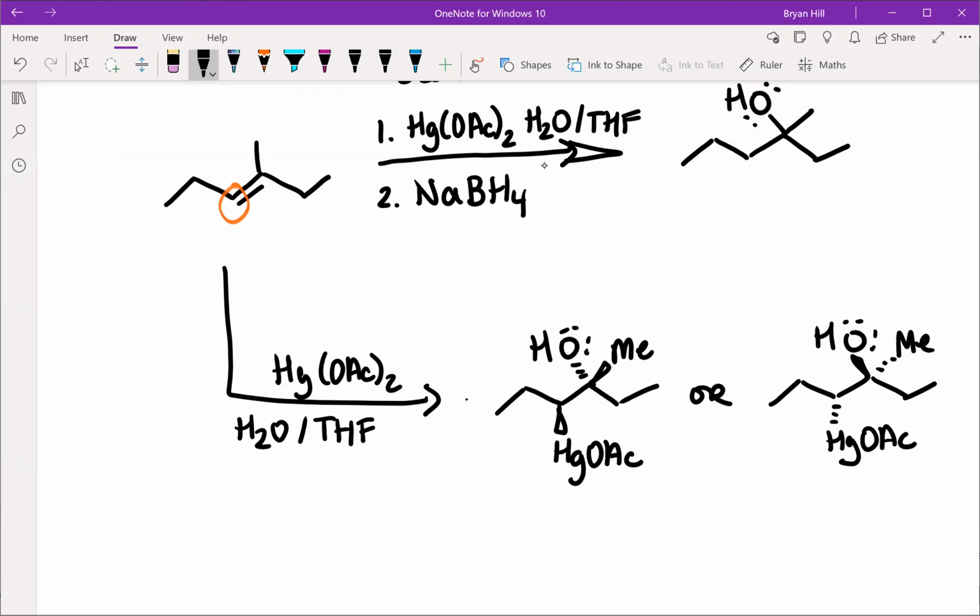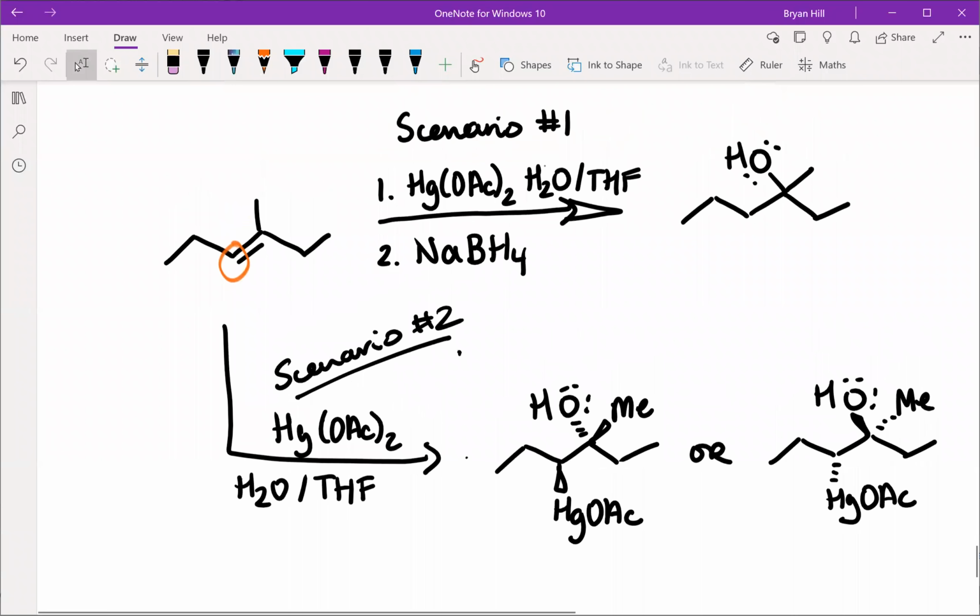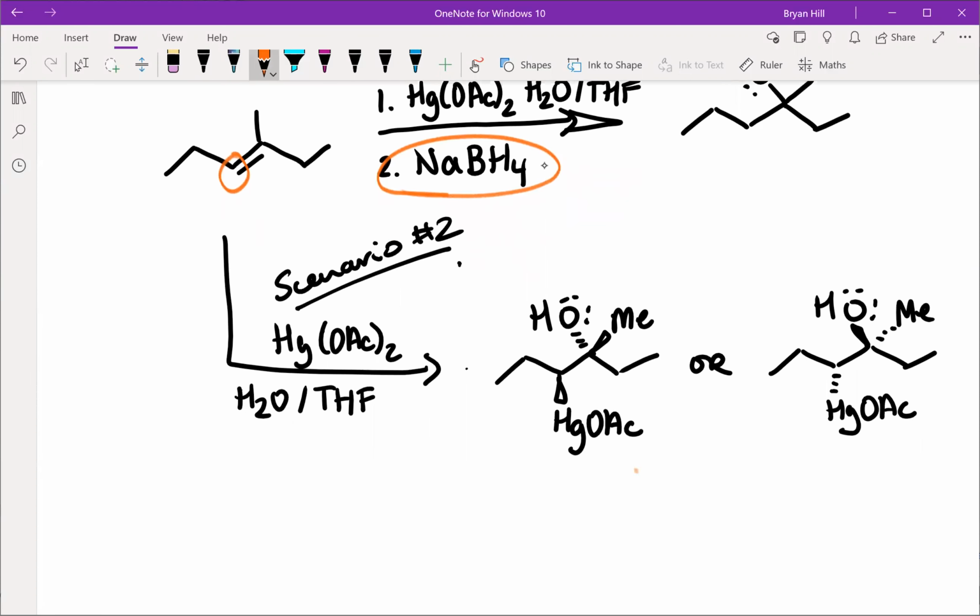So asking the scenario 2 question is far more interesting because there's other things going on, right? To actually do the oxymercuration, in the second step you need to have the sodium borohydride. But when it comes to quizzes and questions like this, you can see that this one's far more interesting because there's more things going on.